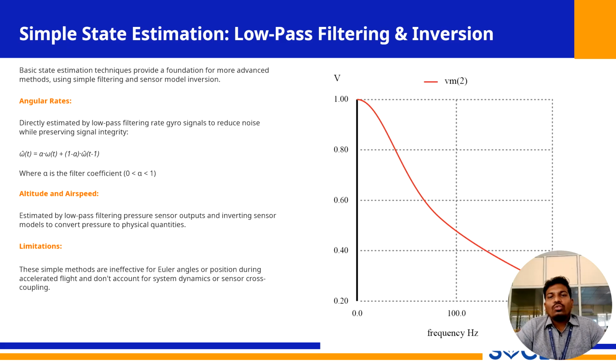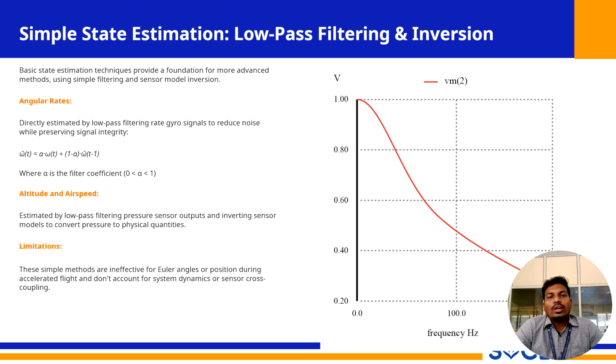However, it is crucial to understand the limitations of this simple method. They are a starting point, not a complete solution. These simple methods are ineffective for Euler angles or position during accelerated flight.